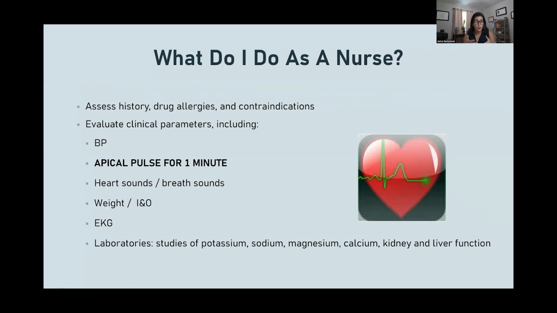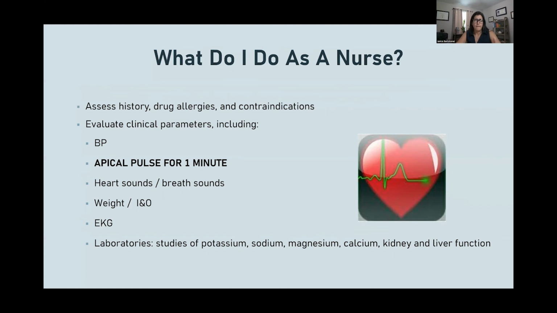It lowers the heart rate, making it a little slower, but increases the force of it. So we need to check the apical pulse for 1 minute. If it's typically 60 or less, we hold the dose, notify the physician, and ask, hey, how do you want to proceed?